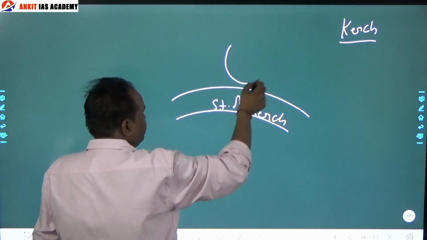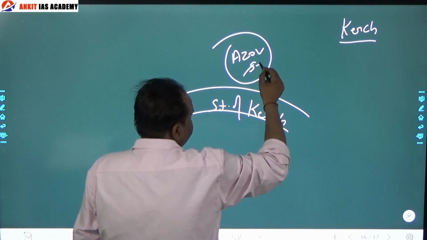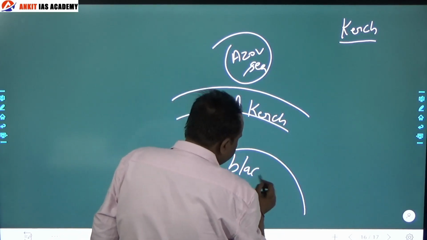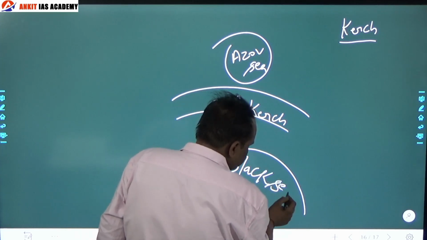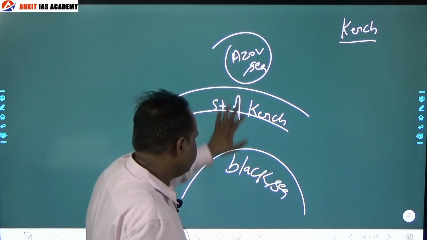It is located between Azov Sea and Black Sea. This Strait of Kerch is located between Azov Sea and Black Sea.